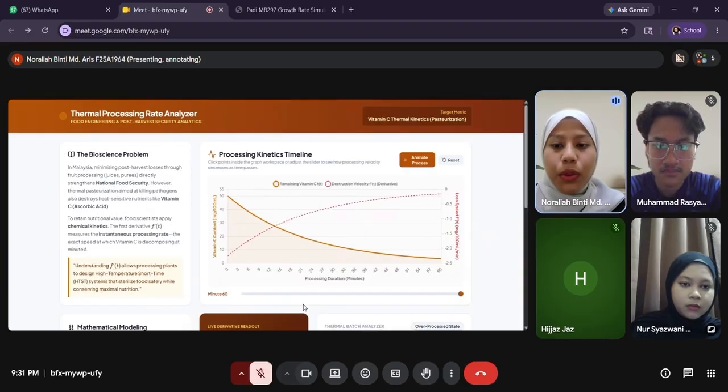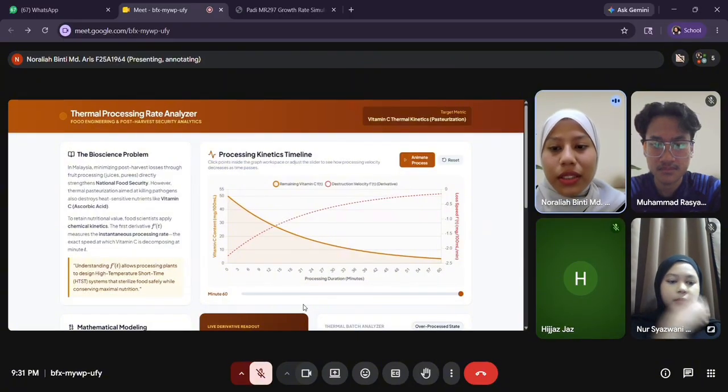The problem we are trying to solve is finding the absolute sweet spot where the product is perfectly sterilized without completely draining its nutritional value. So why is studying this so important?